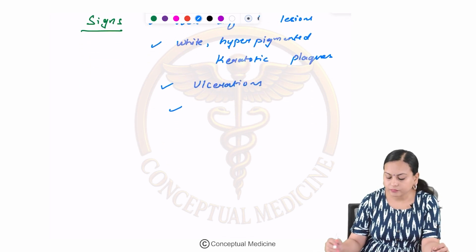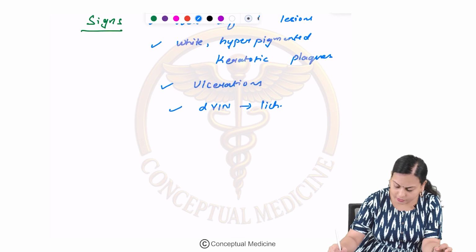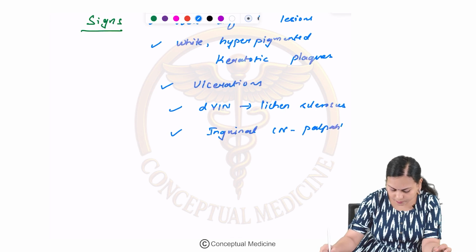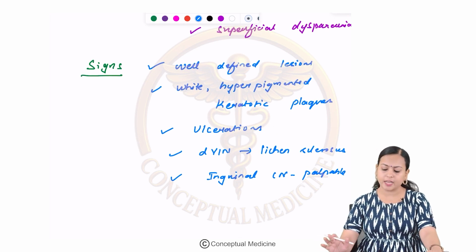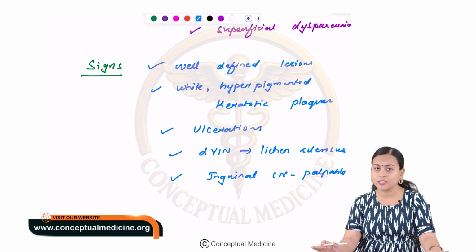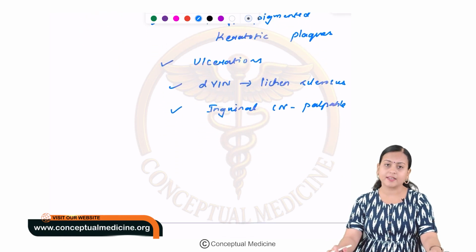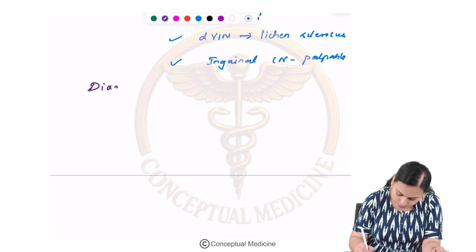And as I already told you, differentiated vulvar intraepithelial neoplasia can be associated with other conditions like lichen sclerosus, so you will be able to see the signs of lichen sclerosus as well. And in some cases inguinal lymph nodes will be palpable also. Clear? So, these are the signs: well-defined lesions with white hyperpigmented keratotic plaques, or ulcerations, precursor lesions like lichen sclerosus, and palpable inguinal lymph nodes. Okay. Now, let's see about the diagnosis.